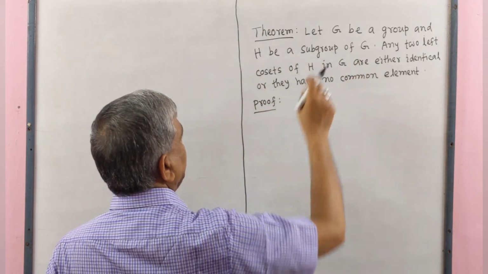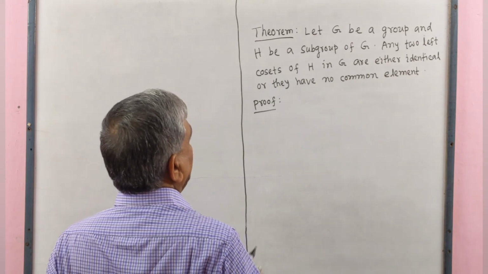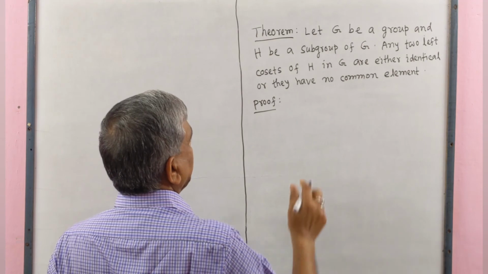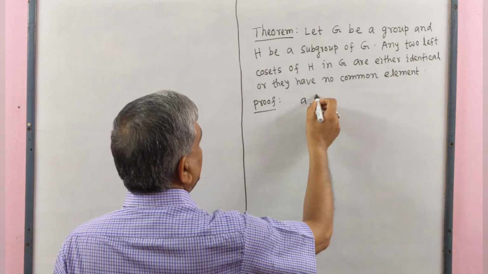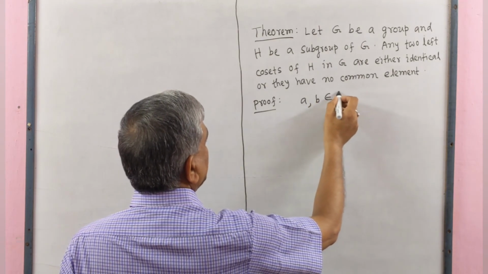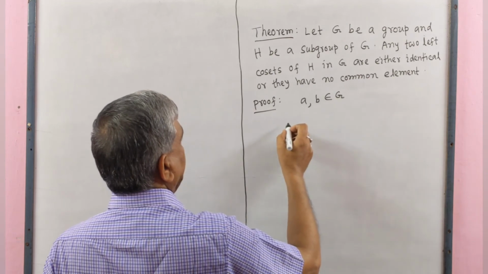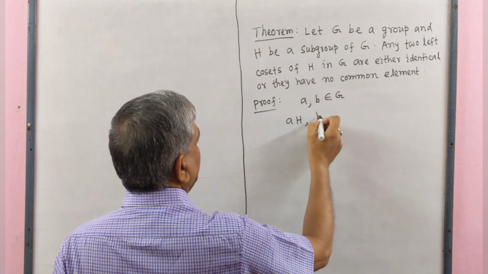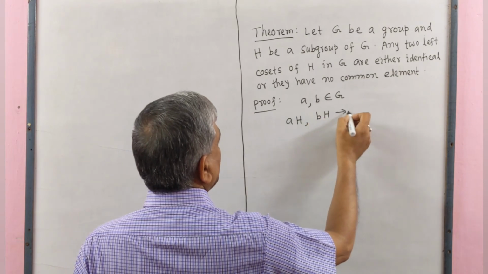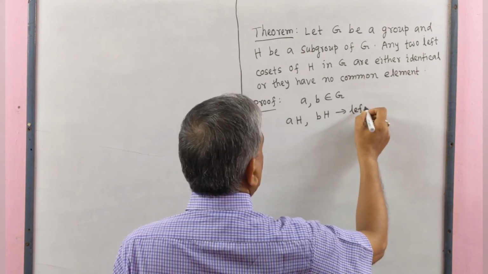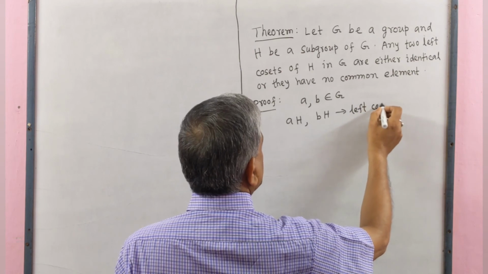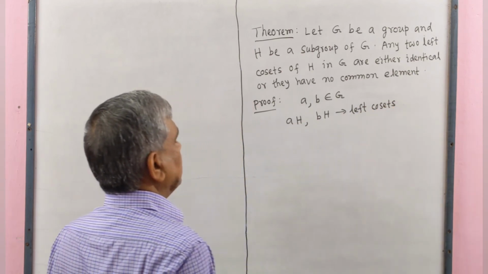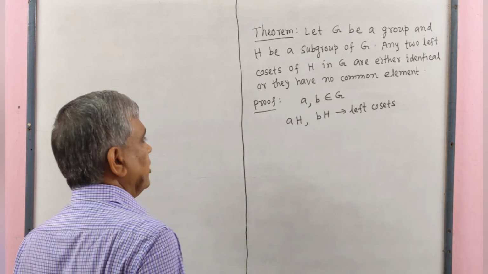Let G be a group and H be a subgroup of G. a, b belong to G and aH, bH are two left cosets of subgroup H.